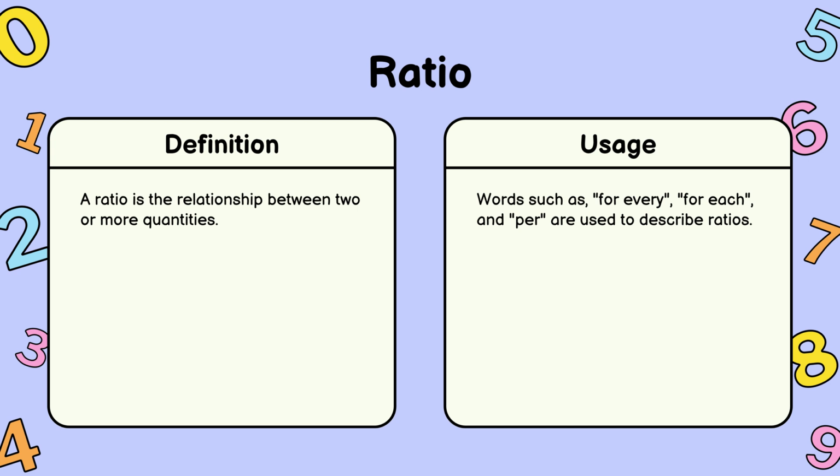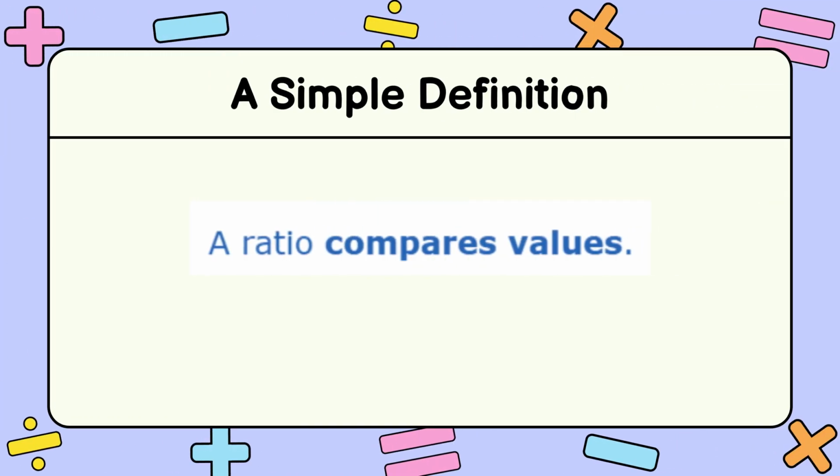In our real lives, when we use words like for every, for each, per, they all mean ratios. Isn't it interesting? We use ratios in our day-to-day life. So, a simple definition of a ratio is that it compares values. We can compare values between two objects or more than two objects.